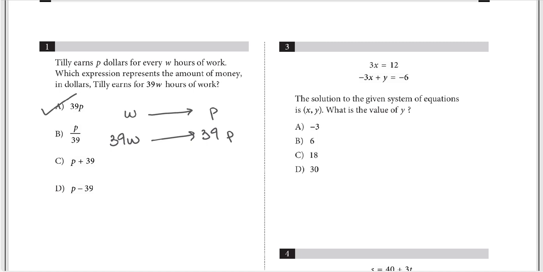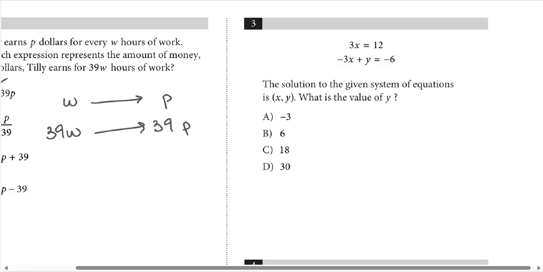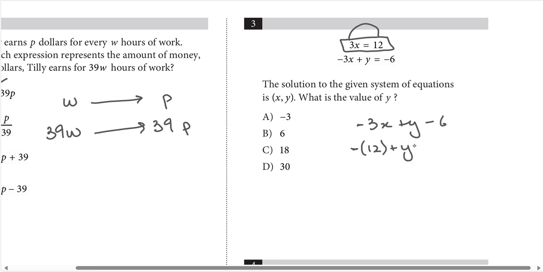Let's look at question number 3. So there are two equations. The solution to the given system of equations is x comma y. What is the value of y? So it's kind of really easy. Since 3x is already given, we don't even have to find the value of x. So in minus 3x plus y, in this equation, I'm just going to substitute the value of 3x, which is negative 12 plus y equals negative 6.